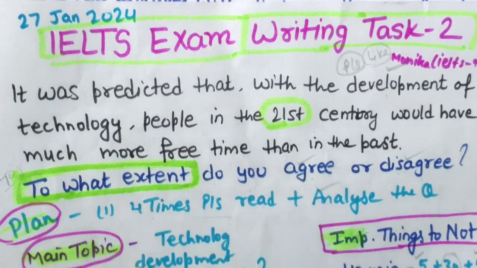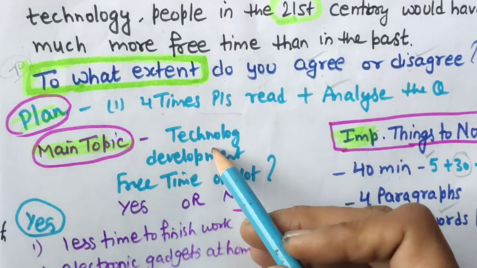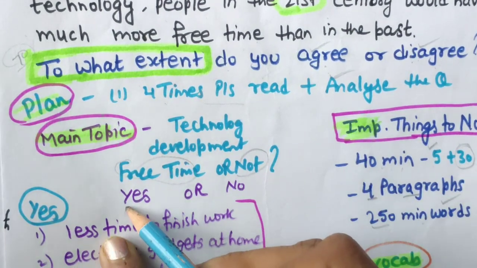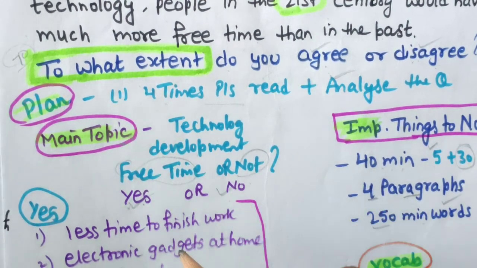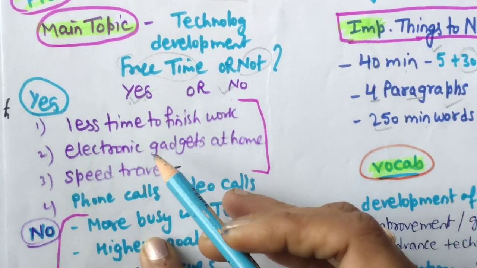Now the main topic that we have discussed is technology development. Due to technology development, will there be free time or not? You have to tell whether yes or no, so I will go with both yes and no. How? I have just brainstormed.